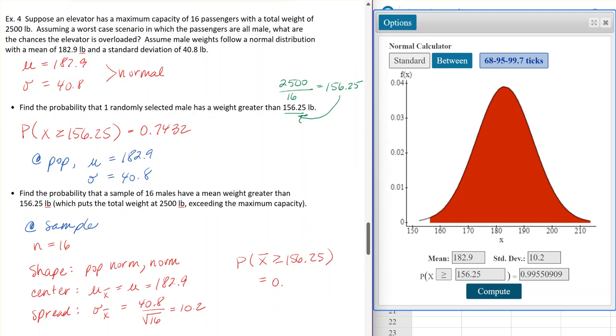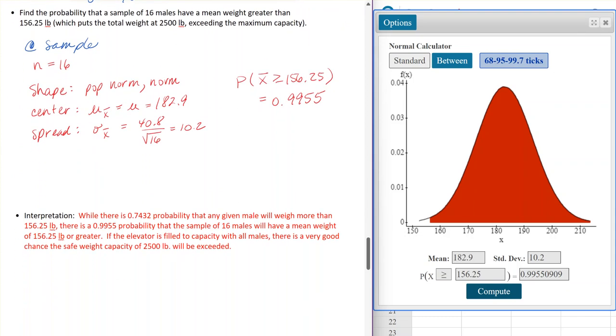This says 0.9955, it's a 99% chance that if you have 16 men together, their average weight is going to exceed 156.25. So in other words, if I have this group of 16 men together on the elevator, it's a 99% chance that they're going to exceed the max capacity.